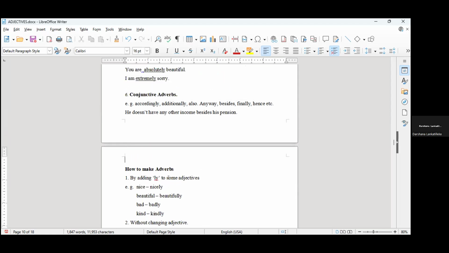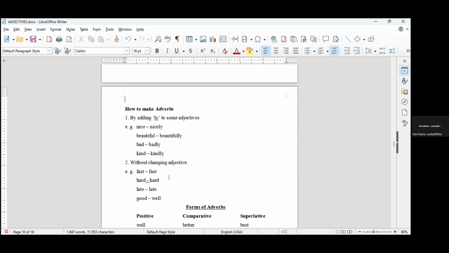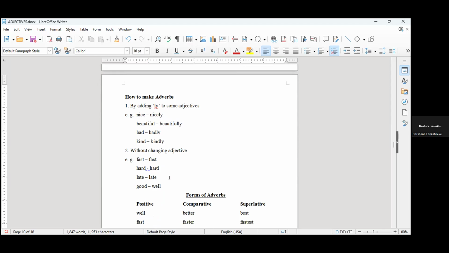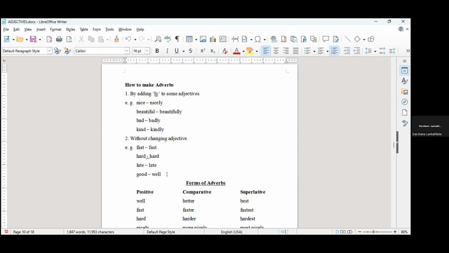Now look at the next one. How to make adverbs. Just as we learned how to form adjectives by adding a suffix, here we'll see how we make adverbs by adding ly to some adjectives. If we add ly to those adjectives, we can make an adverb. Look at the examples.